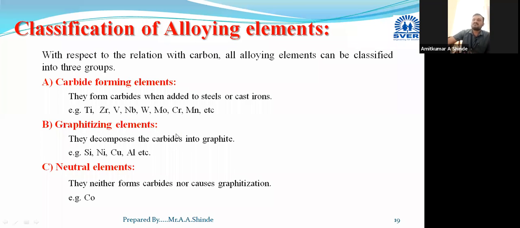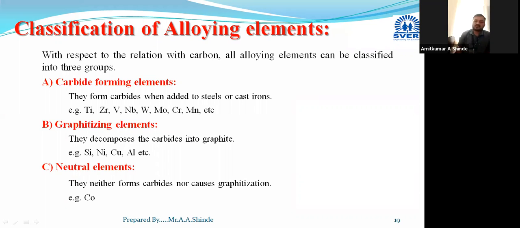The next type, depending on their relation with carbon, is the graphitizing element. Note the meaning of graphitization. Suppose you have added one element into the steel, then whichever carbides are already present in that steel, that alloying element will break those carbides.